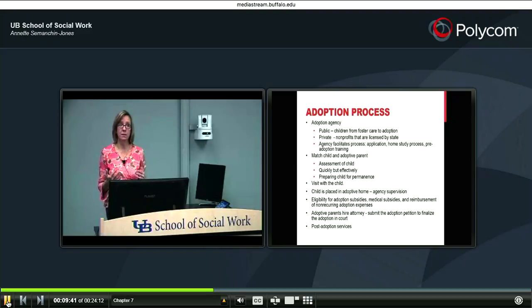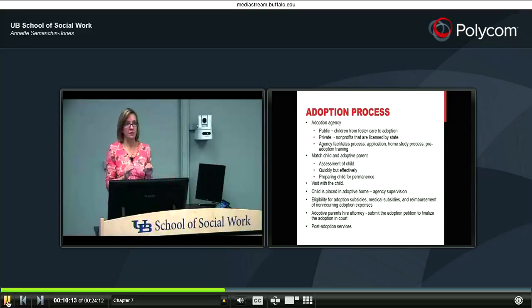This might be just meeting initially, but there might even be pre-adoptive placements where you're temporarily placing a child with a home that you plan and hope to be pre-adoptive. And while that child is in the pre-adoptive home, they're still under agency supervision. The licensing agency is still monitoring the home, meeting with the child and the adoptive parent in the pre-adoptive stage.